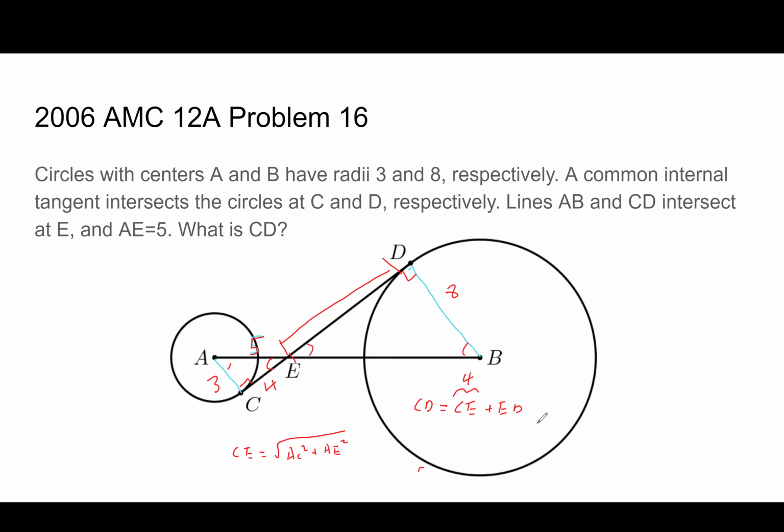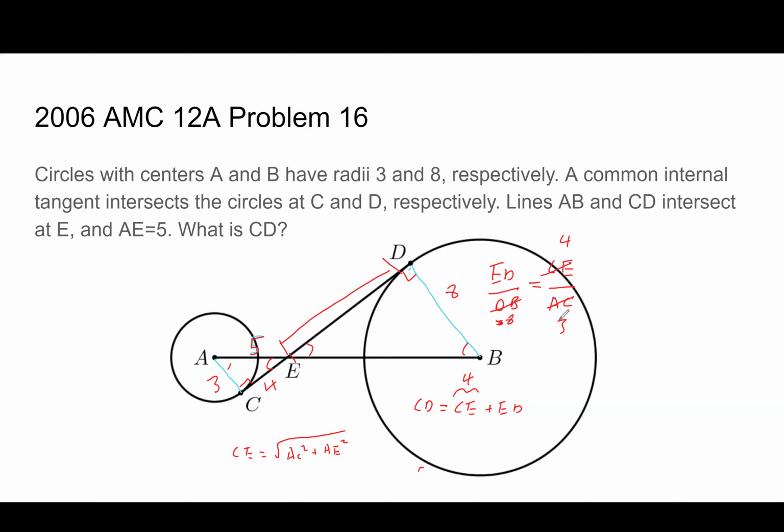Okay, I'm just going to go over the solution. We're trying to find DE here, because we already have CE. The ratio of ED to DB must be equal to CE over AC, because these are similar triangles. ED is my unknown. DB I know, which is equal to 8. CE is equal to 4.